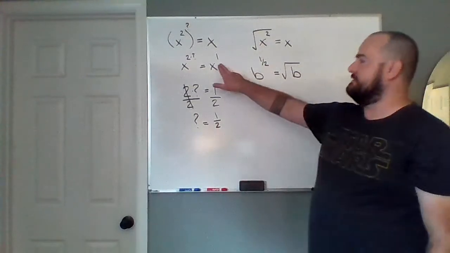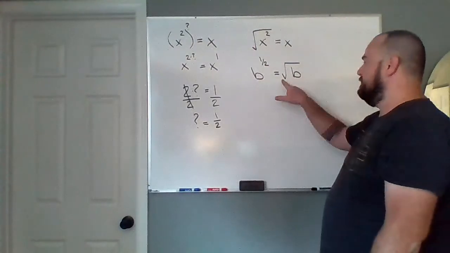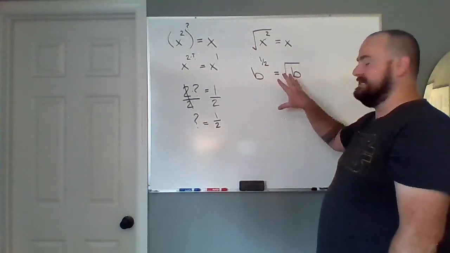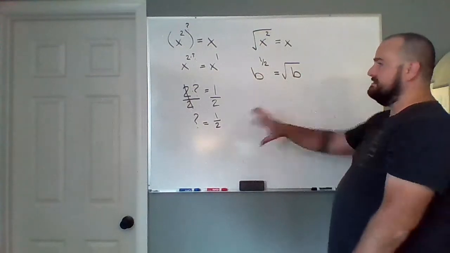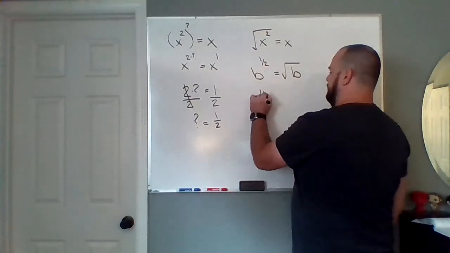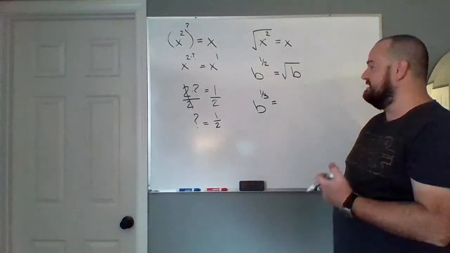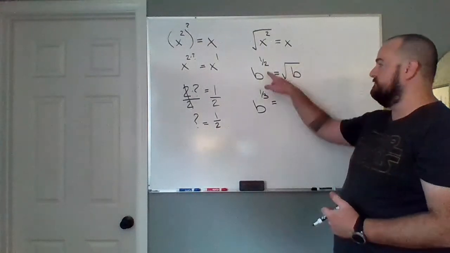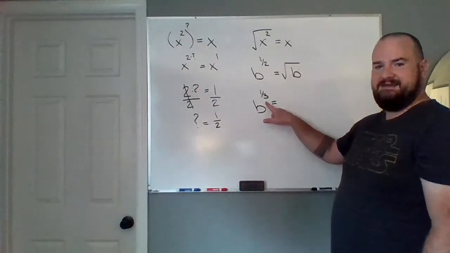Now, similar to the way that if there is no exponent, it has an exponent of 1, when we have a square root, if there is no index or no number in front, it's a 2. But we can go through an exactly similar process, and say, if I have b to the 1/3, that's the same as taking the cube root. So if we have it to the 1/2, it's the square root. If I have it to the 1/3, it's the cube root.